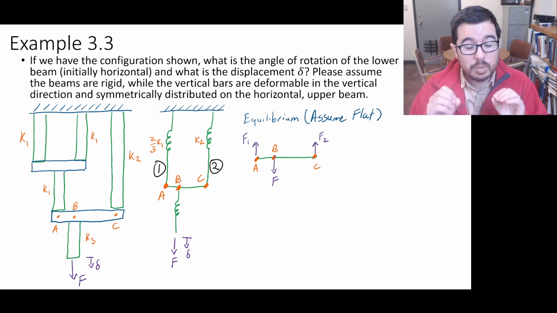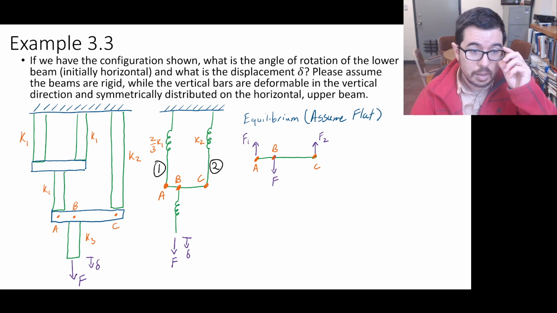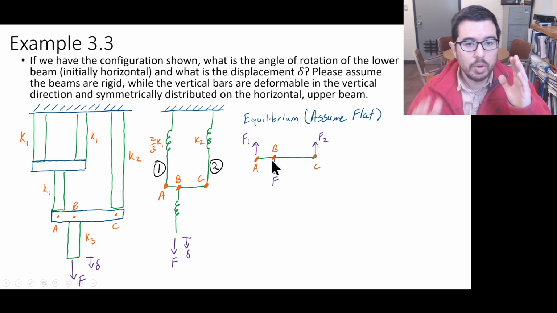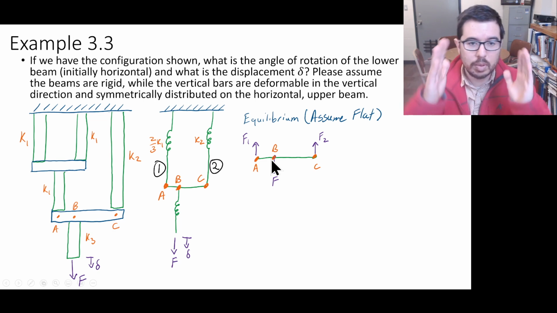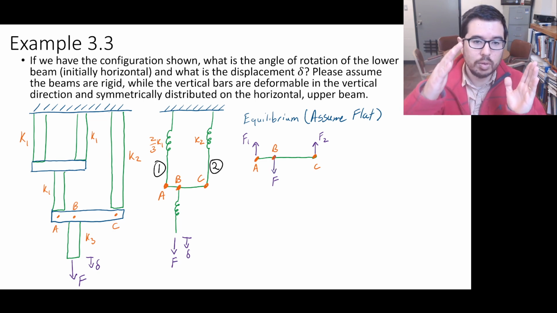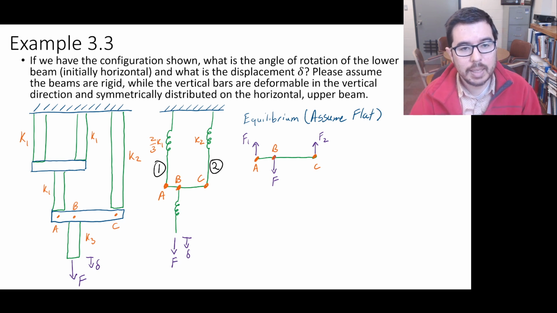But the rotation is going to be very, very small, as we'll see in a little bit, and thus the change in the moments as the beam turns is going to be pretty insignificant. So for doing this first part with equilibrium, we'll just keep it horizontal.